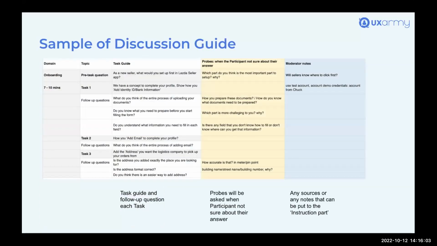So the researcher can draft the task or discussion guide, like this one. For example, there is a domain, topic, task guide, and probing, and also moderator notes if there are things like an account to be shared with the participant, or maybe some source that you did not include in the instruction guide.